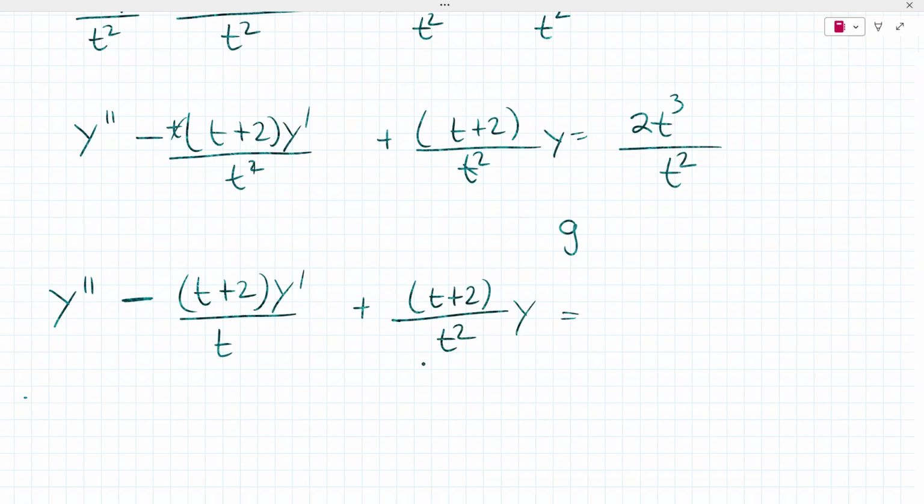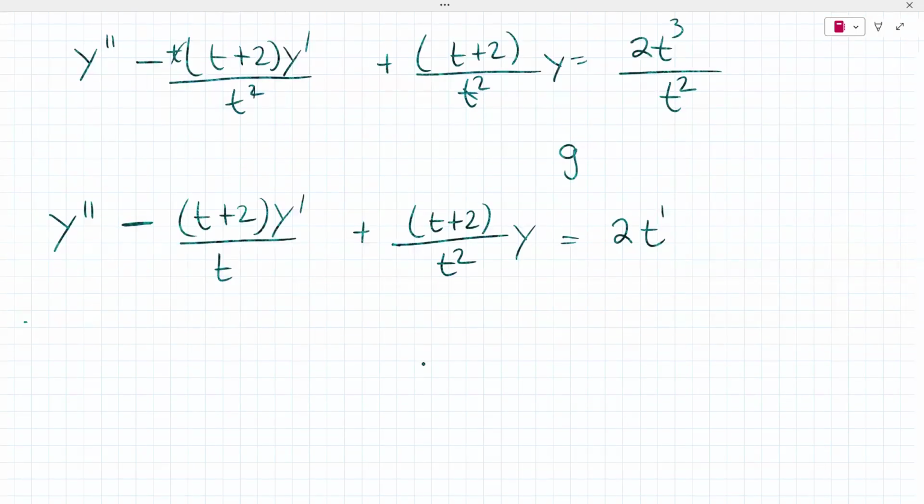And this is 2t cubed over t squared. That's going to be 2t. So we know that our g of t is 2t.